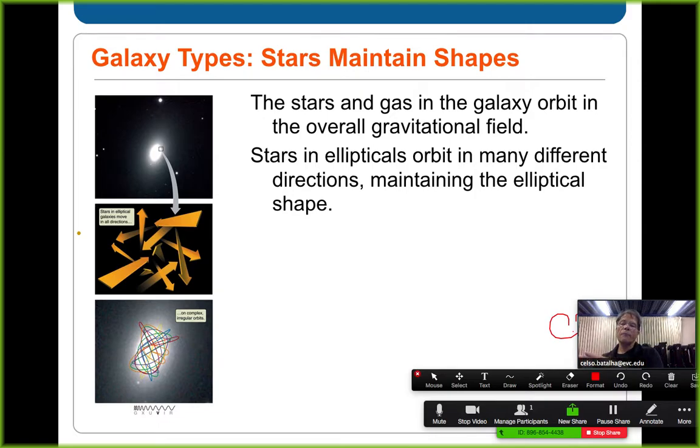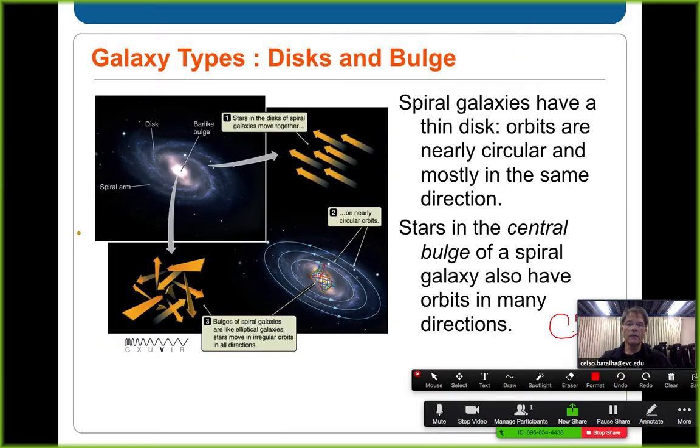Those stars all go in the same direction because the spiral arms were formed out of a gas that flattened and was originally rotating in a given direction, right? So elliptical galaxies are different.